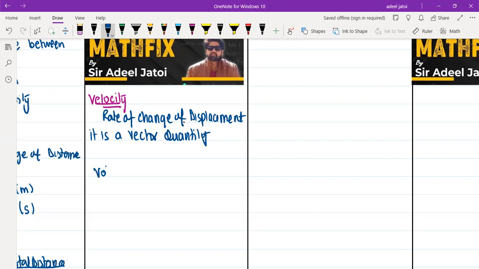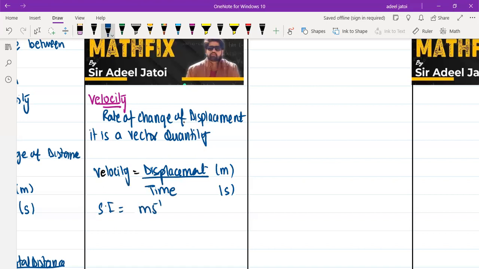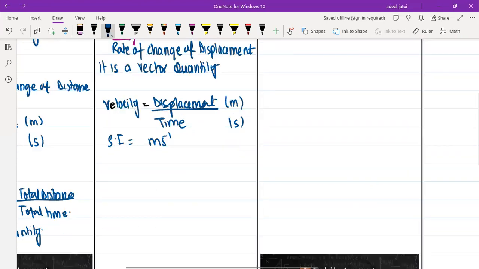Velocity is equal to displacement upon time. So m and s, the SI unit is still the same, that is ms to the power negative 1.